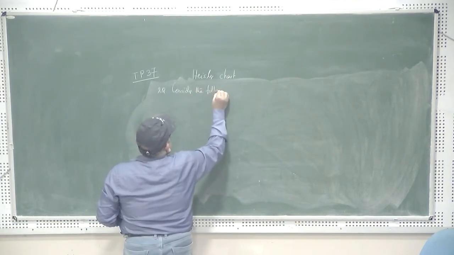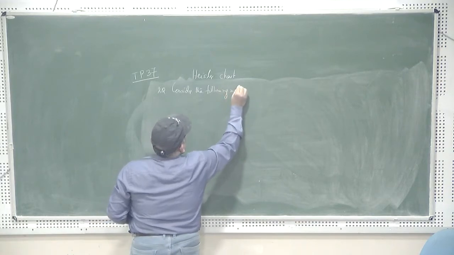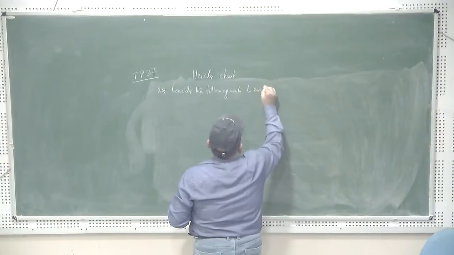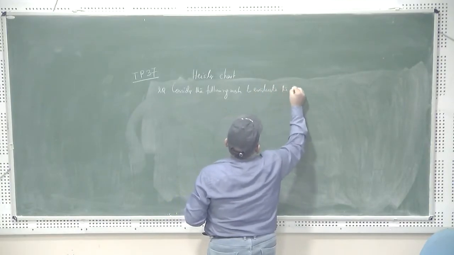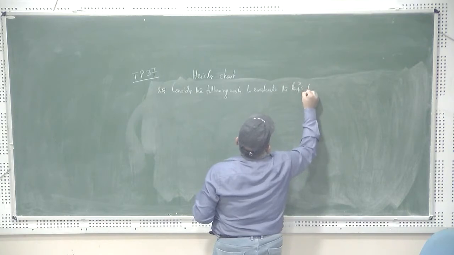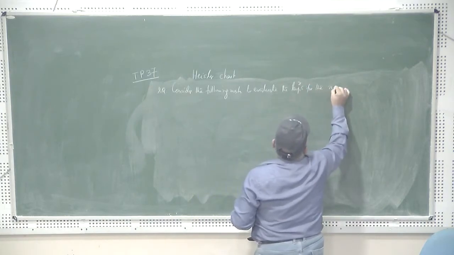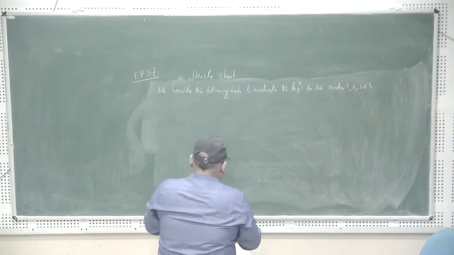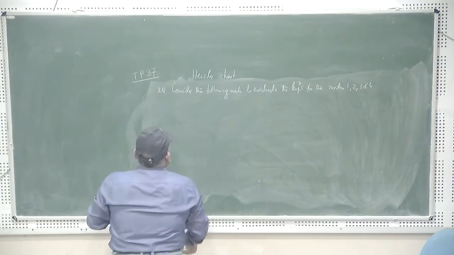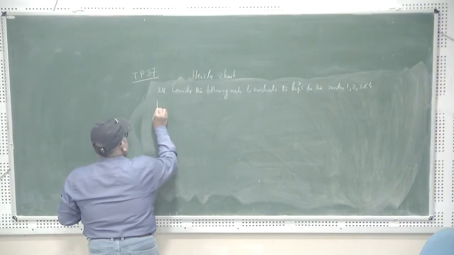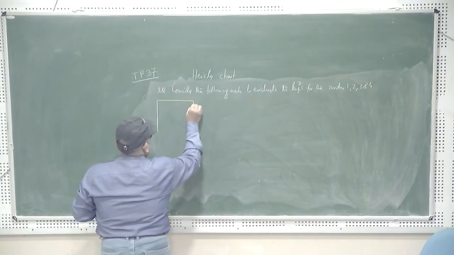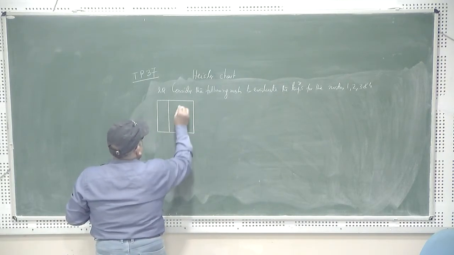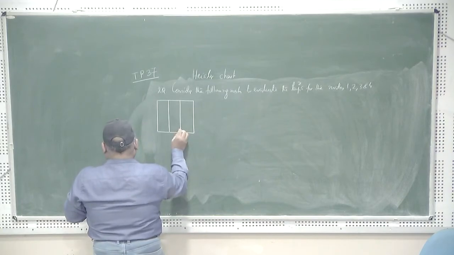Consider the following mesh, to evaluate the temperatures for the nodes 1, 2, 3 and 4. The diagram is given as per this figure.